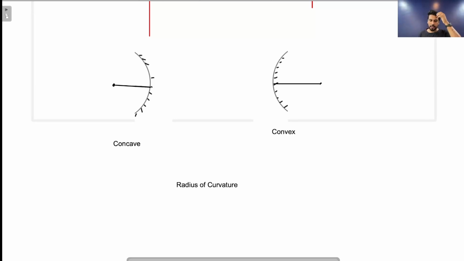Now there are some parts associated with the spherical mirror, so let me talk about those. Let me take a complete concave mirror. What I'm going to say for the concave mirror also applies to the convex mirror, so there is no discrimination. First we understood what a spherical mirror is, now let's understand its different parts.